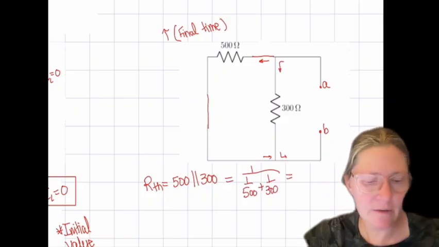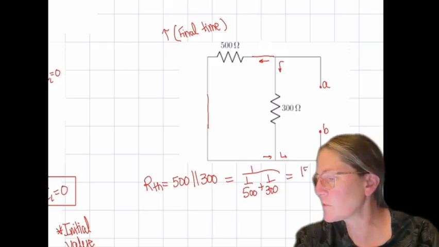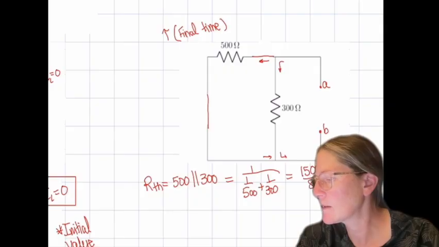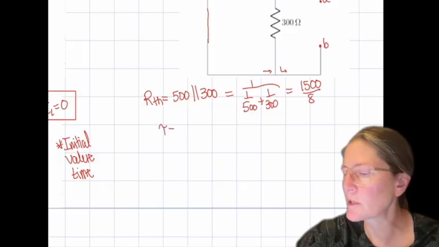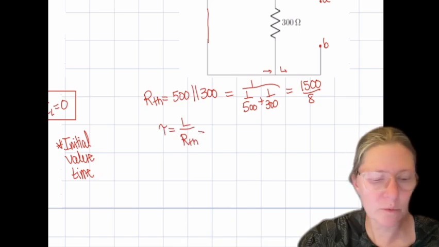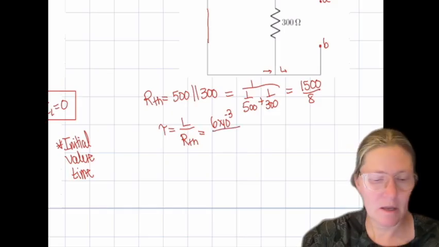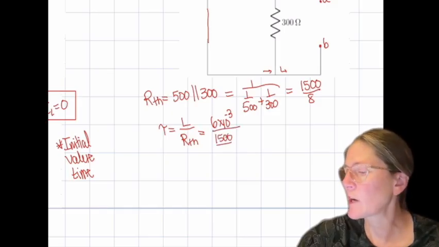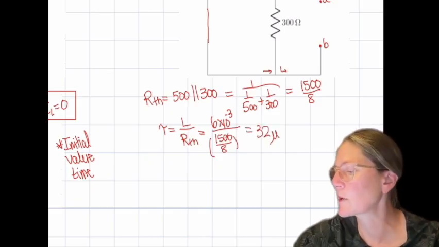And that gives a value of 1500 over 8. And then tau is going to be L over RTH, and L was given as 6 millihenry. And then 1500 over 8, and this gives me a value of 32 microseconds.